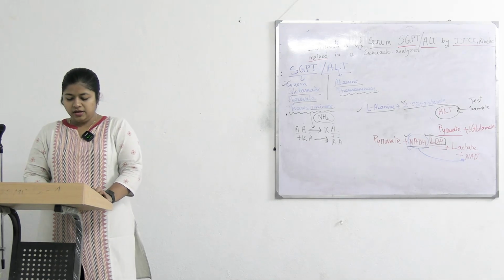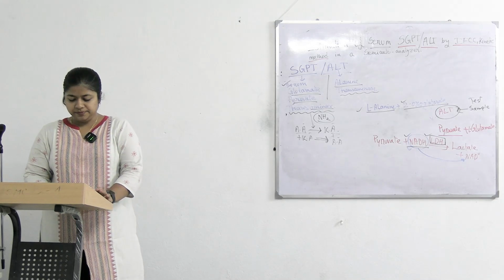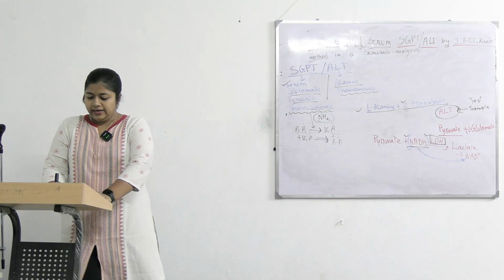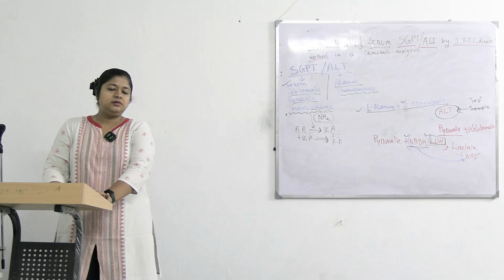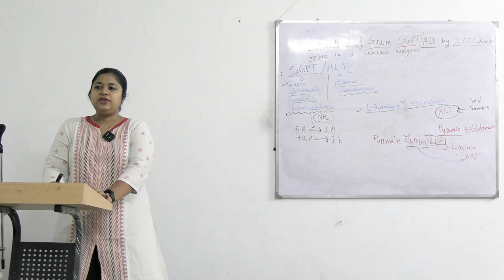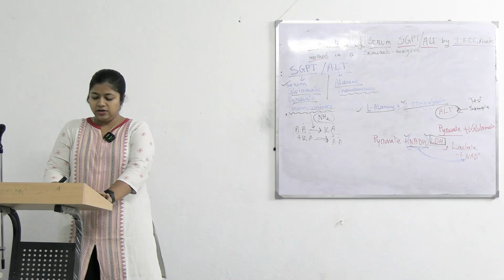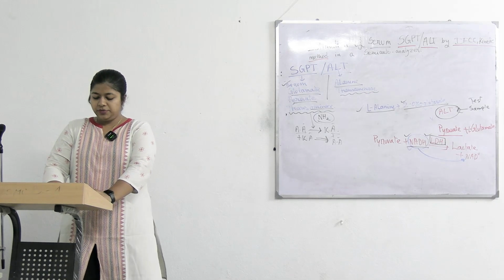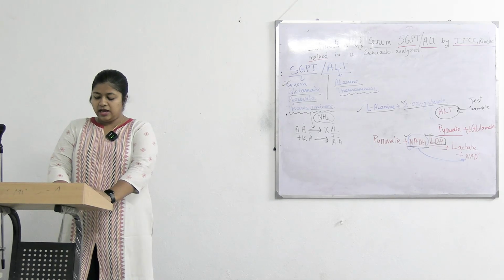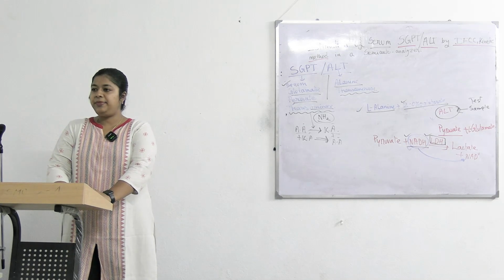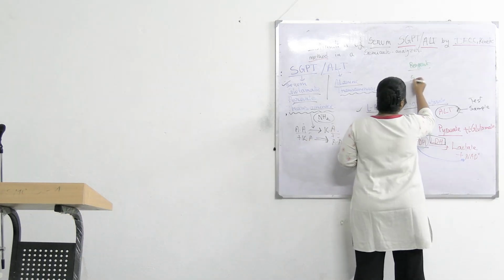And how many readings will be taken? 3 readings. And the filter used, or wavelength for measurement, here it is 340 nanometer. Now for the measurements, we have to take reagent 1000 microliter and test sample 100 microliter.